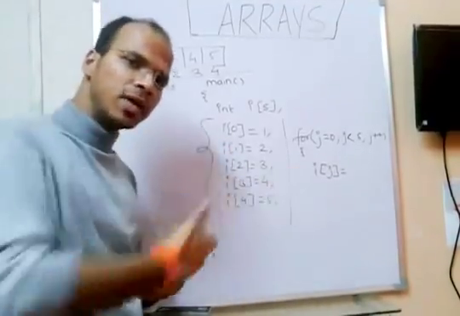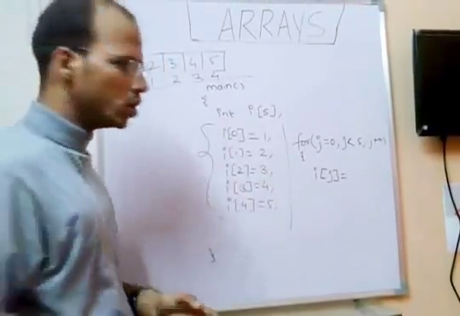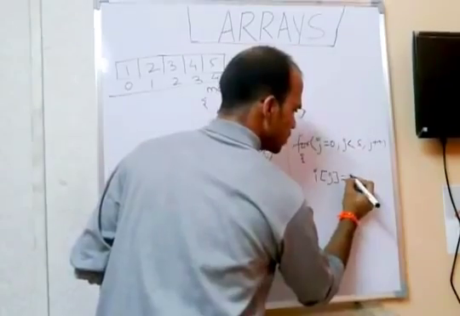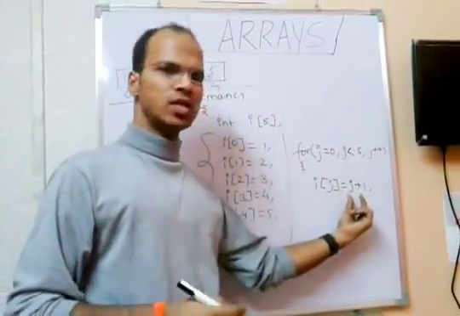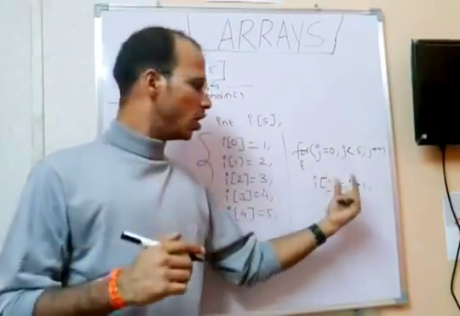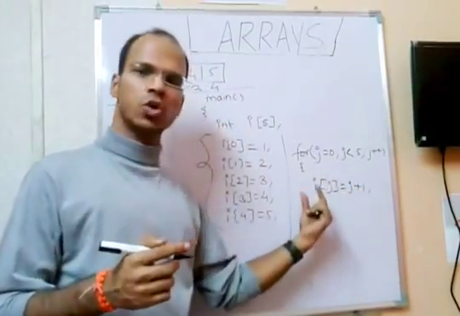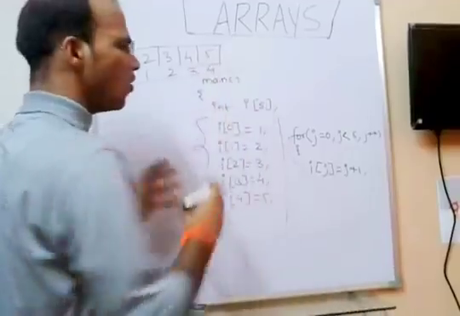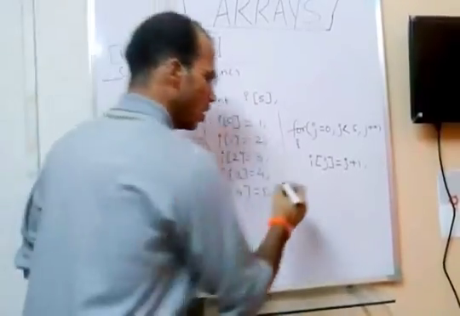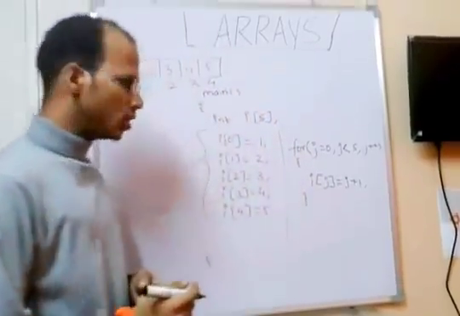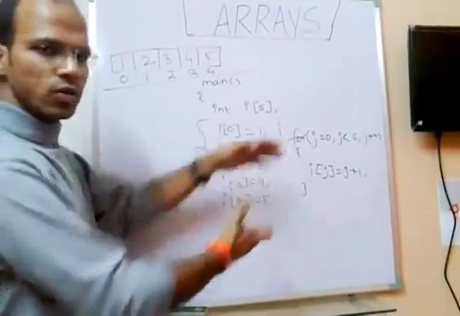That means the jth value incremented. So it's j plus 1. Whichever the j value is, if j is 0, it will store 1. If j is 1, it will store 2. That means you have an array of 5 elements having values from 1 to 5. Then you close it. That's it. The whole code is converted into this.